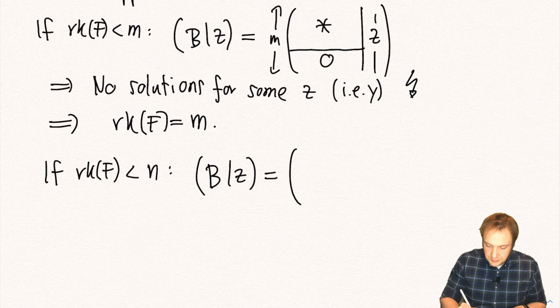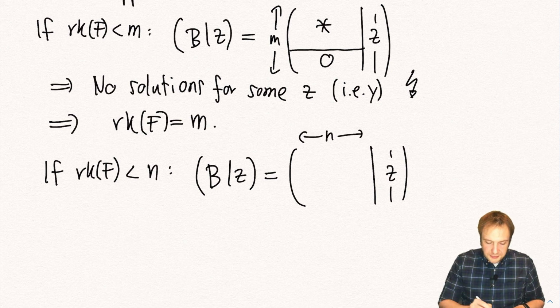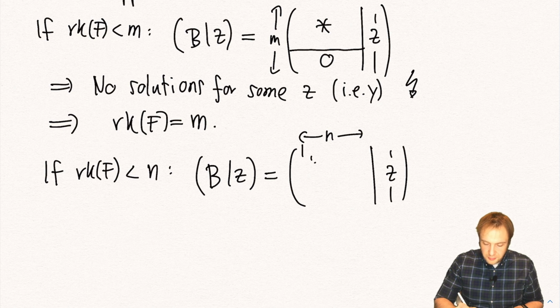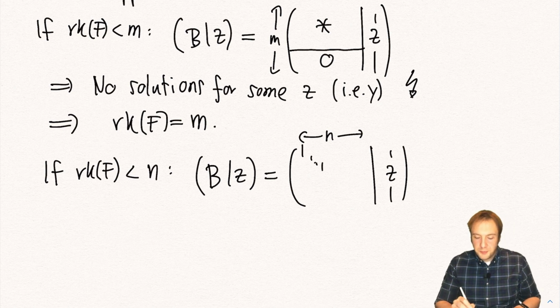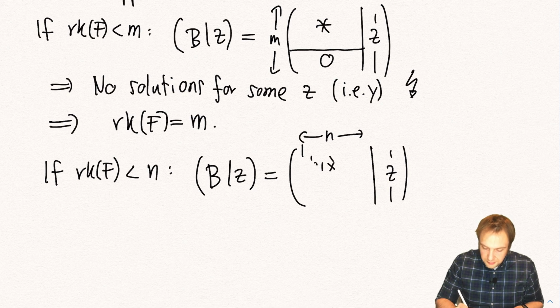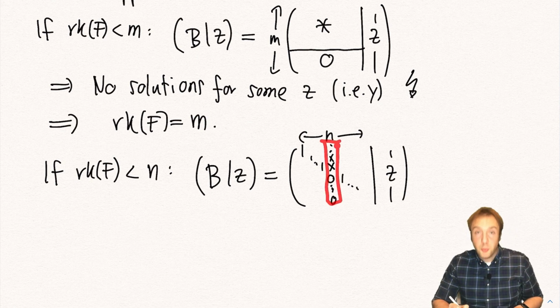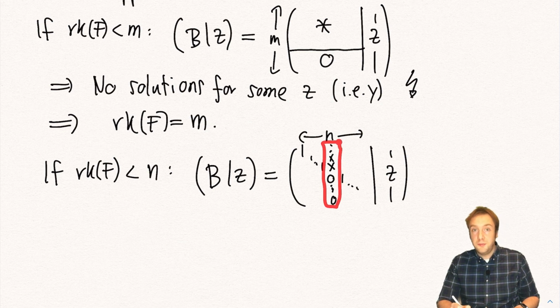Well, in this case, here I've got the Z, and here this size is n, and if the rank is smaller than the number of columns, this means I have fewer pivot elements than columns. Maybe here I have some pivot elements, but at some column I cannot have any pivot element. Maybe here I have again. So there's a column without a pivot element, but this would mean that I don't have a unique solution, because then this column would correspond to a free variable.